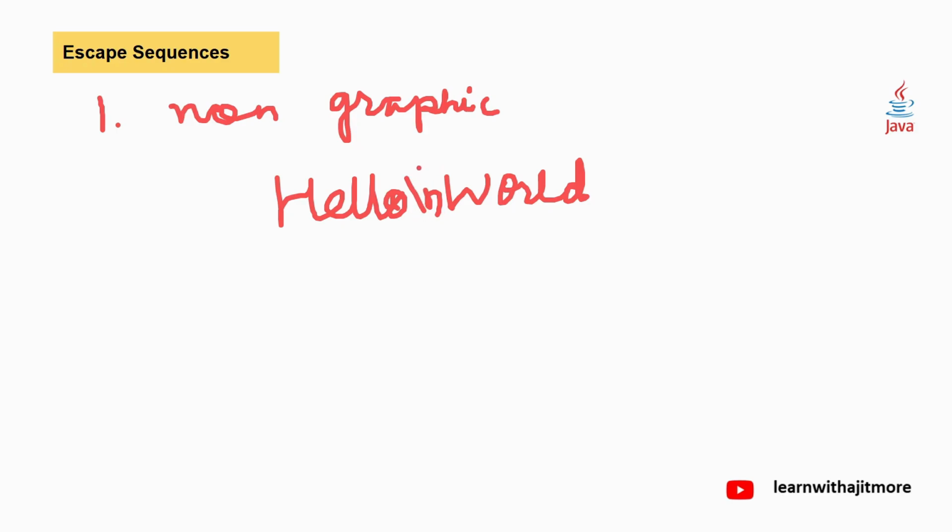Means there is no character for that on the screen. Getting or no? Hello is visible, world is visible. But slash n has given an effect that it has taken the control, that is your caret, on the next line. And then the remaining is seen on the next line. So do you see slash n on the screen? No. It is non-graphic here, but it has given an effect. What effect? It has taken the caret on the next line, and then the remaining is displayed on the next line. So this is one example.